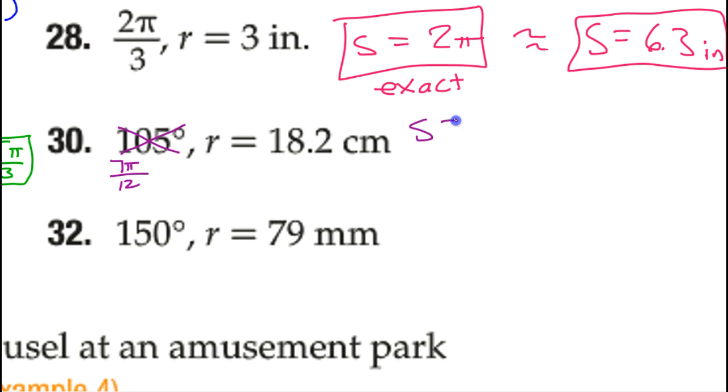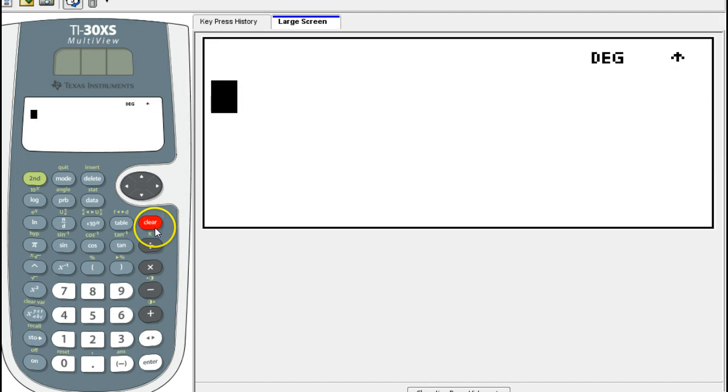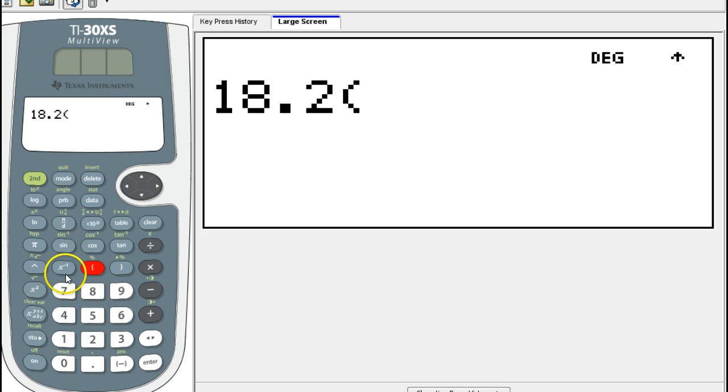So the arc should equal the radius times the angle. So this is 8.2 times 7 pi over 12. What was that? 18.2?